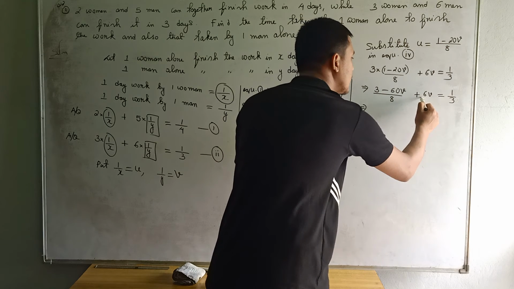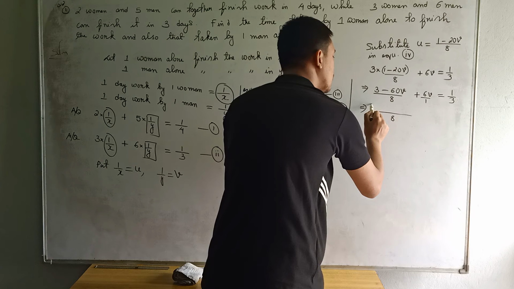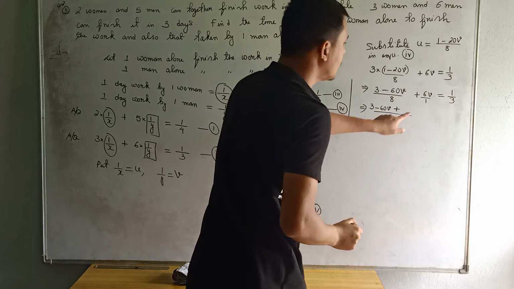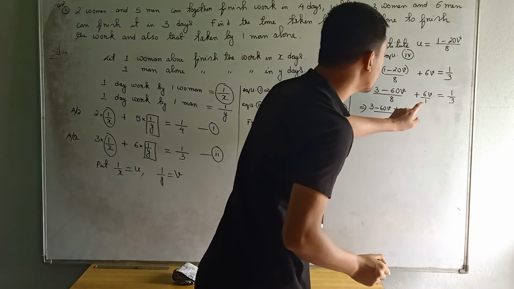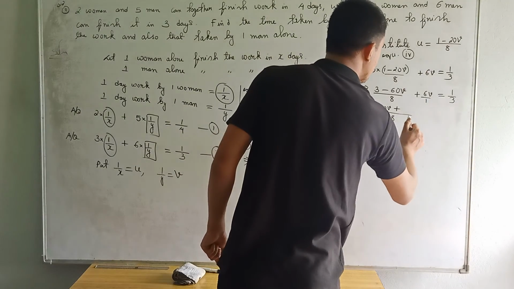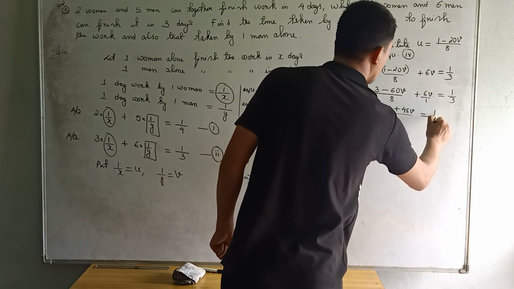So if you take LCM, LCM will be 8. 8 cancels out, so we have 3 minus 60v. Here the denominator is 1. 8 divided by 1 will be 8. So 8 times 6v is 48v is equal to 1 upon 3.